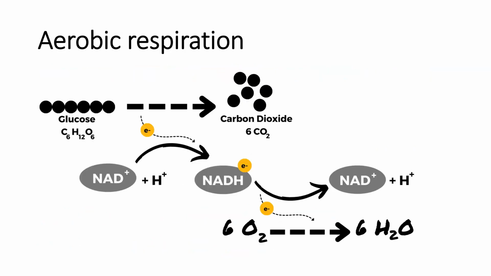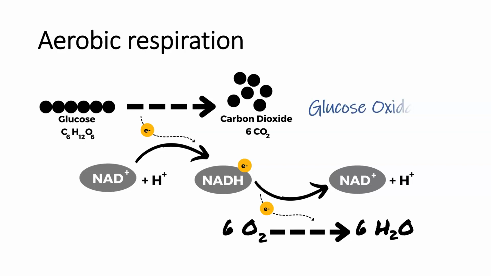In the last video, I talked about the importance of electron carriers. NAD and another electron carrier, FAD, play a very important role in pairing glucose oxidation with oxygen reduction during aerobic respiration. First, electrons are removed from glucose and given to the electron carriers during glucose oxidation.